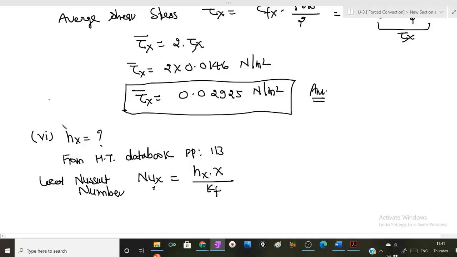So in order to calculate the value of NUX, you have to refer page number 113. Can you suggest which expression of Nusselt NUX I can select here? The list of formula goes from 1.0 to 1.3 for laminar flow. So please give a thought process to select the value of NUX.